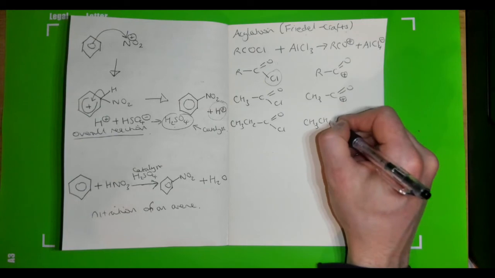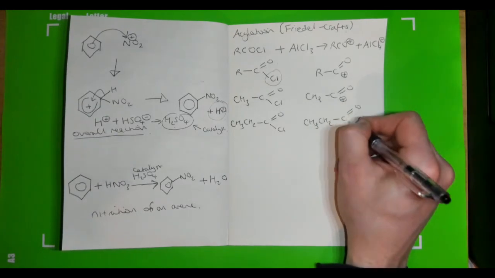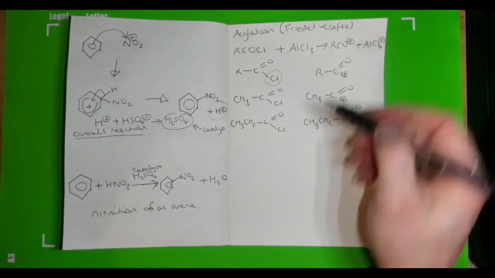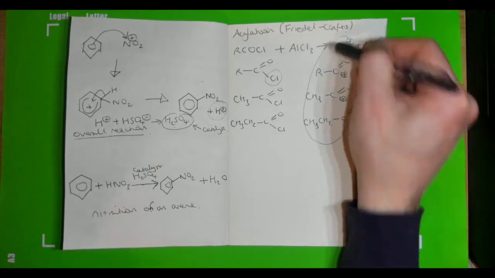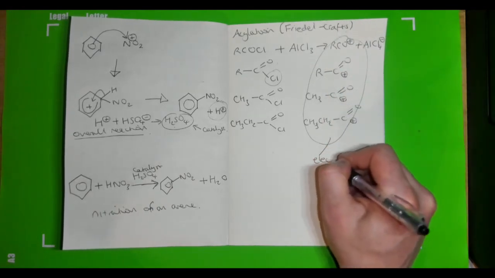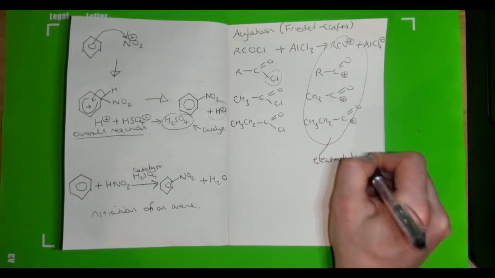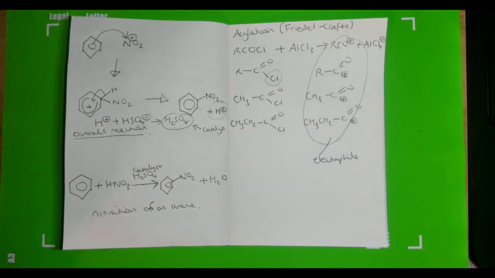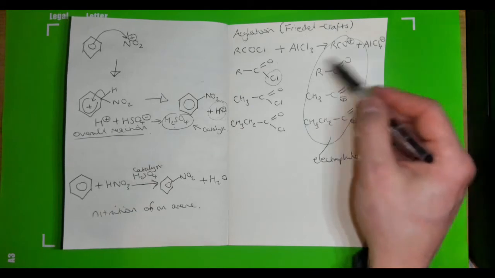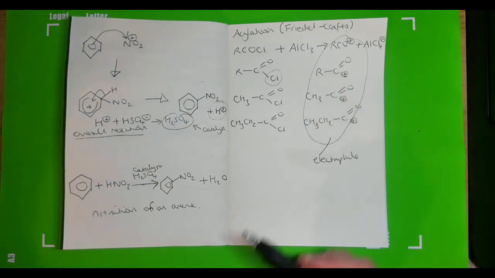And what we've done here is we've made the very reactive electrophile. So this is your electrophile. So what I've done here in the first step is I've generated the electrophile. This is what we're going to put on the benzene ring. Let's have a go at the mechanism then.